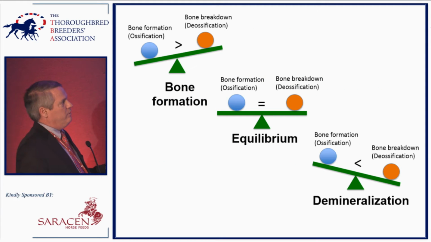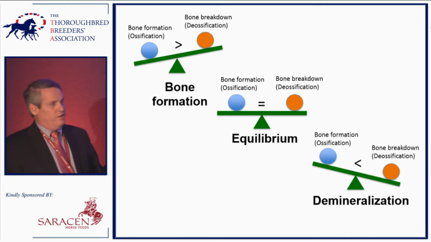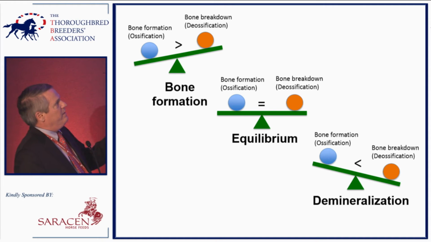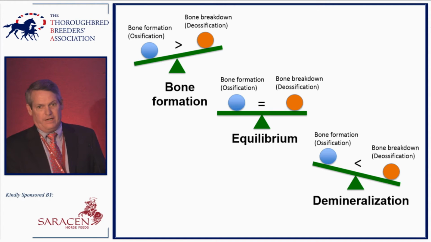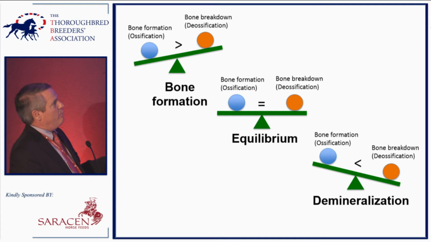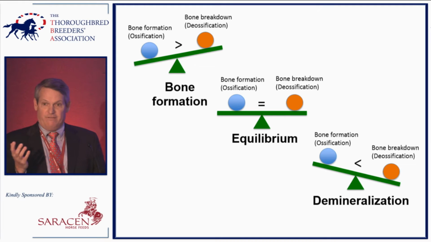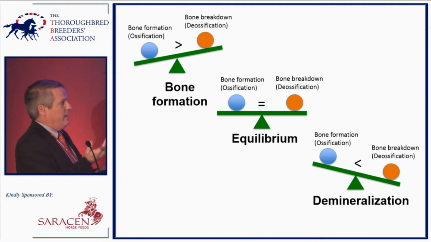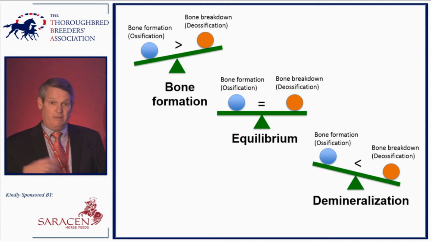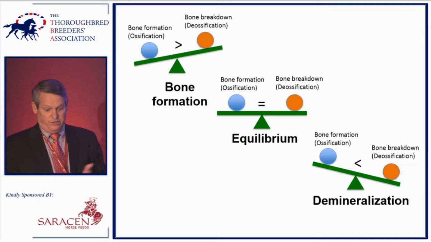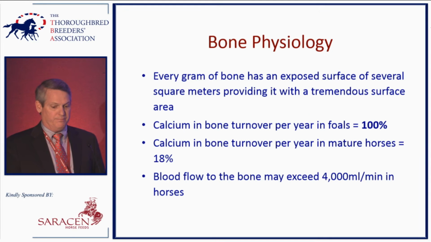So really, if you look at bone changing, you've got a balance between bone formation and bone breakdown. If there's more formation than breakdown, the bone grows. If that's exactly equal, then the bone's in equilibrium. And if bone breakdown exceeds formation, you have demineralization of bone. So those are the three things that can actually happen.